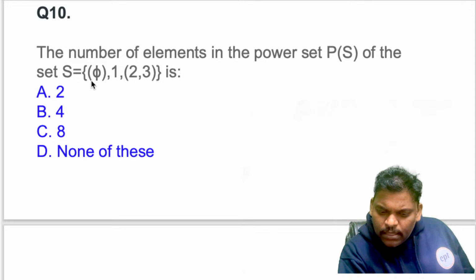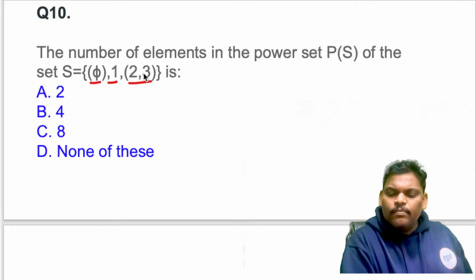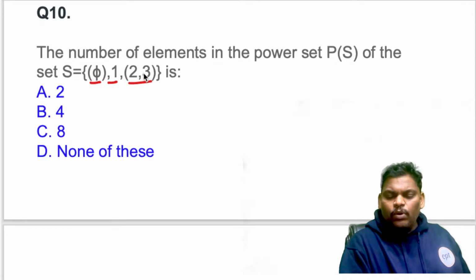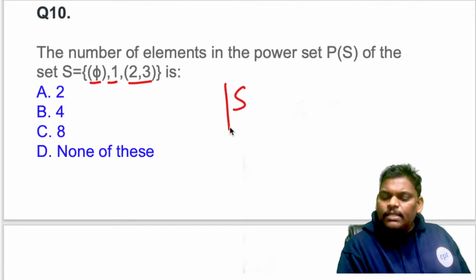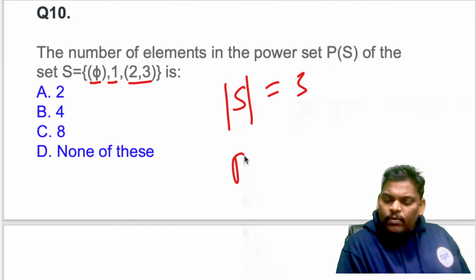How many elements are there inside? 1, 2, 3. Two commas means 3 elements. If S contains 3 elements, how many does the power set of S contain? 8.